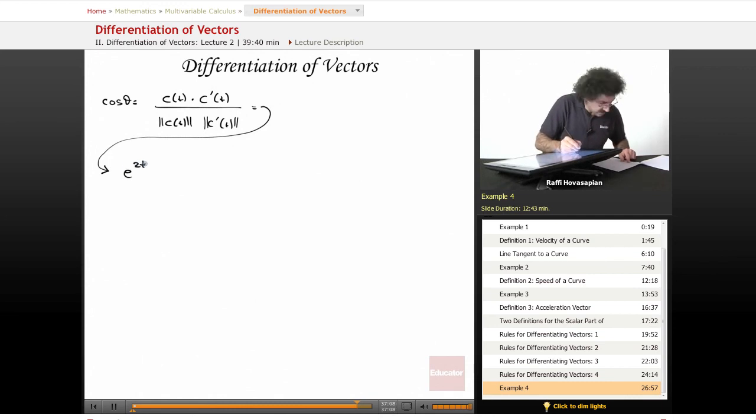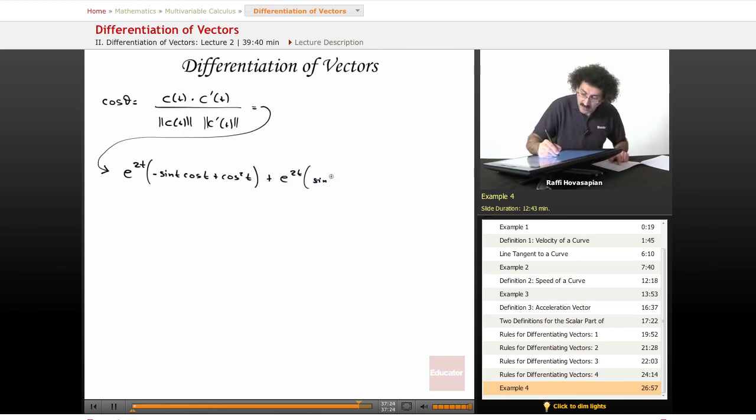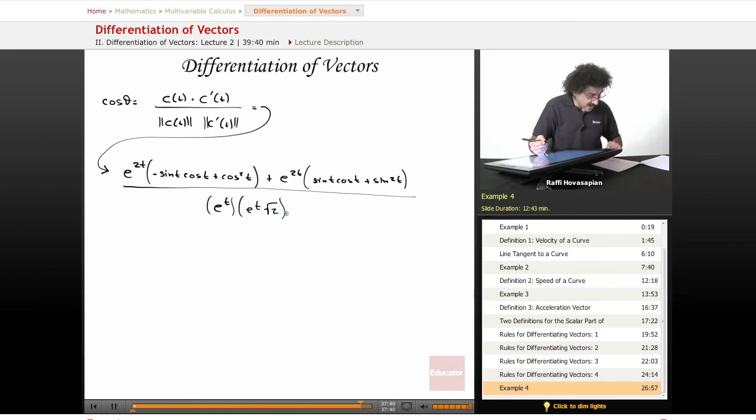I get e to the 2t times minus sine t cosine t plus cosine squared t plus e to the 2t sine t cosine t plus sine squared t, all over e to the t times e to the t radical 2.